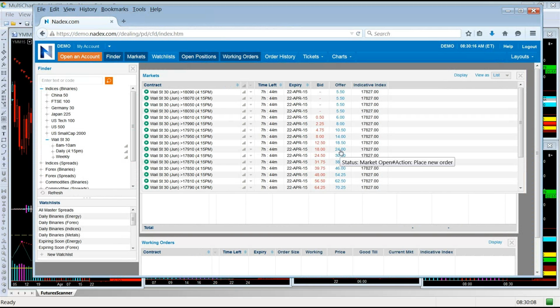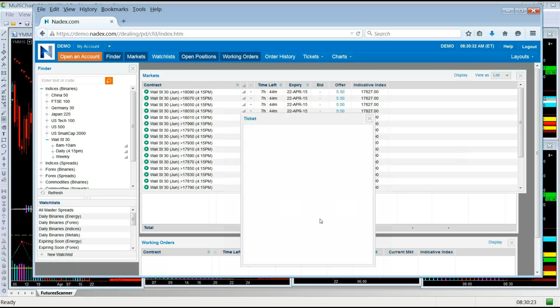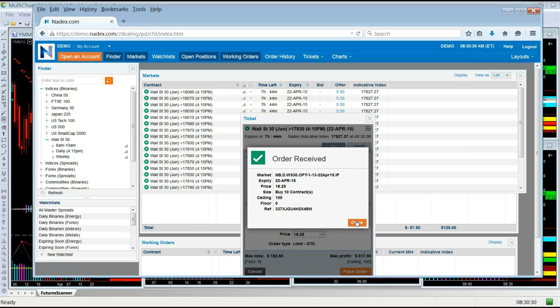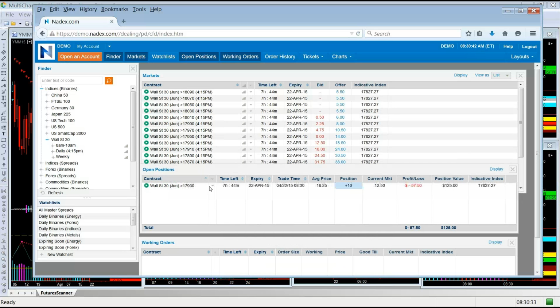Now that tells me price would positively have to get there for me to take a profit target set at right at $50. We could also do 930 for a risk of $18.25. That's the one I'm going to do. And as soon as I place that order, I'm also going to place a profit target on that.